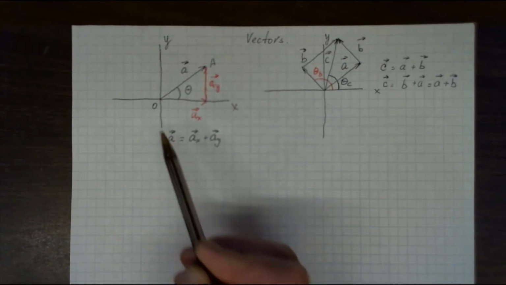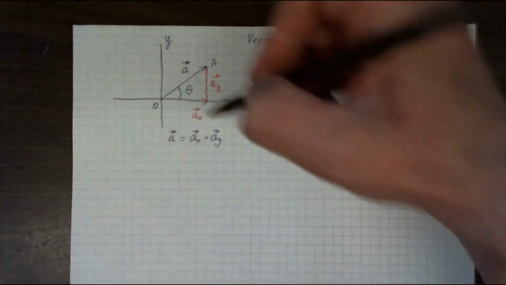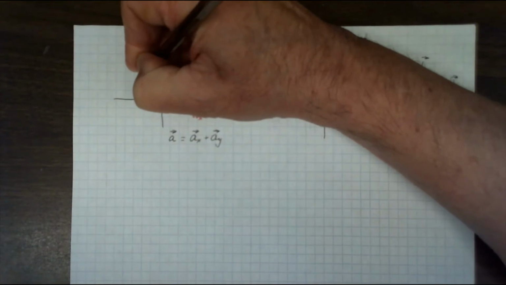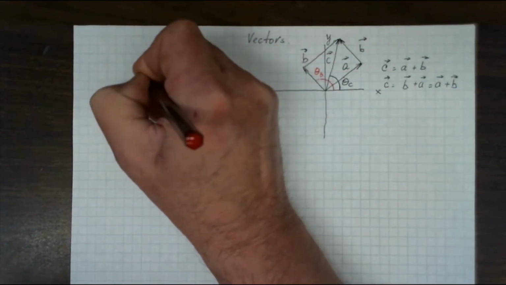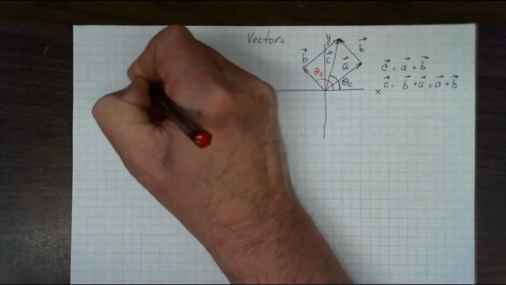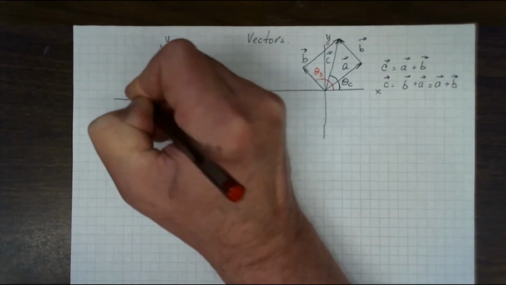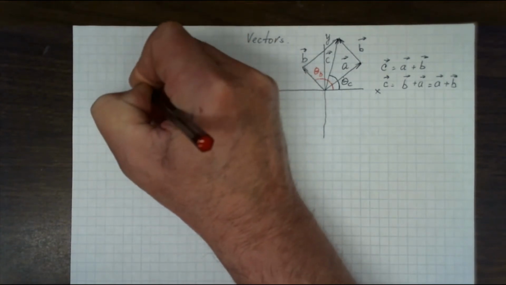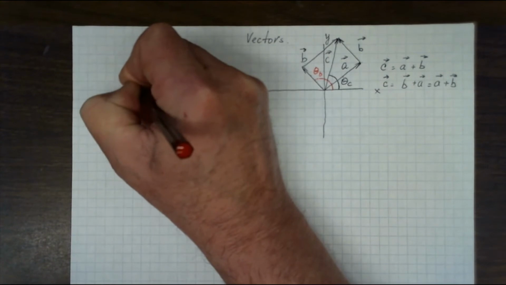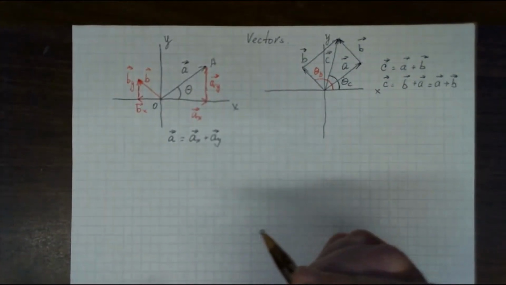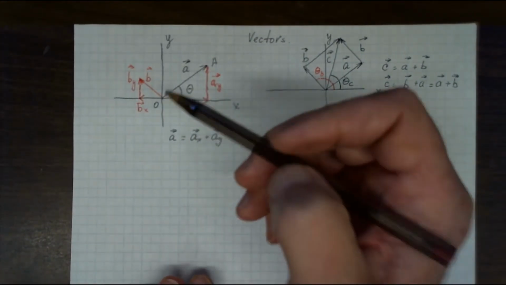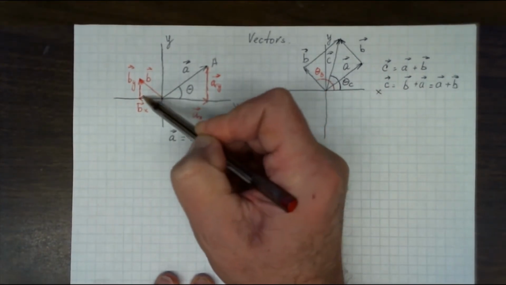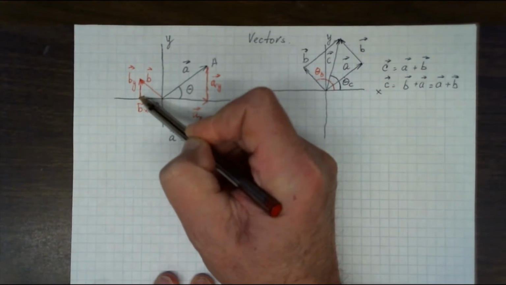However, I can also sketch my vector B here. So here is my B of x vector and B of y vector. However, for vector B, I need to walk in the negative direction of the x-axis.